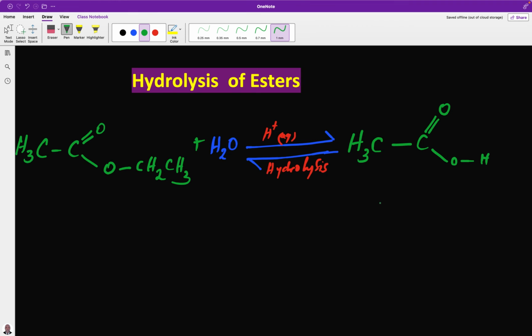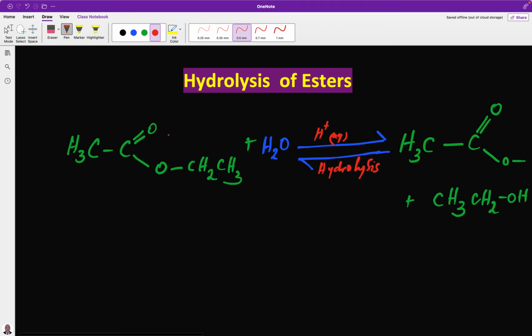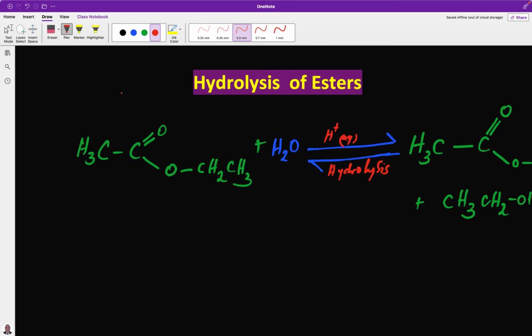We will have this plus what? Ethanol. So internally we are saying that with acid hydrolysis, this is ethyl ethanoate.